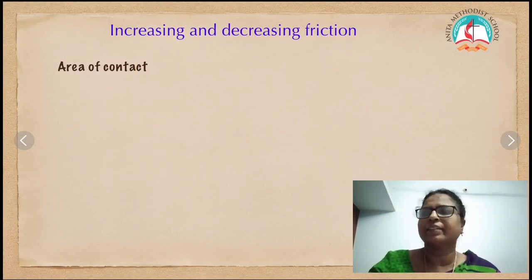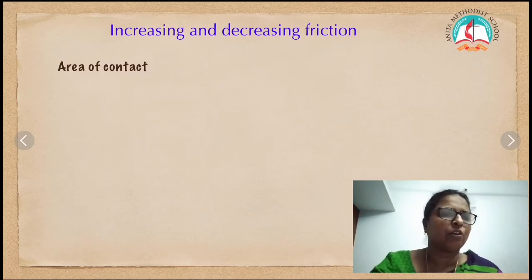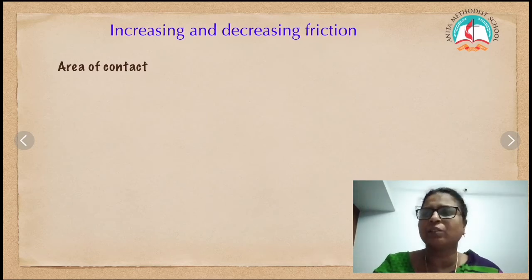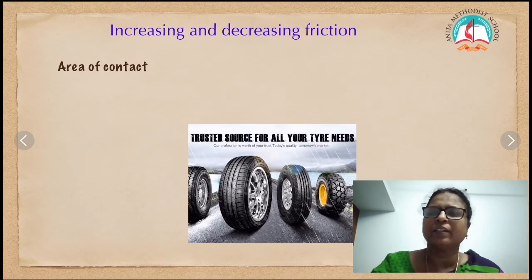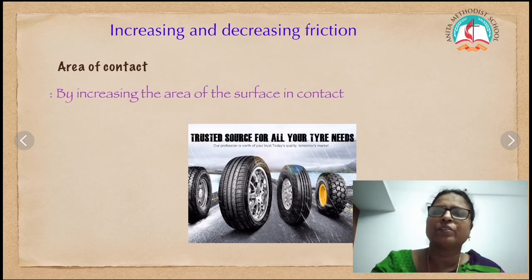Increasing and decreasing friction. The first one is area of the contact. Friction can be increased by increasing the area of the surface in contact. Here in the tire we can see that the area of the contact is more, so it increases the friction.